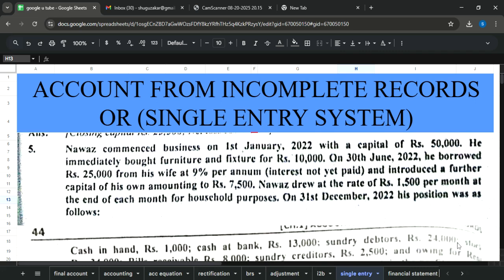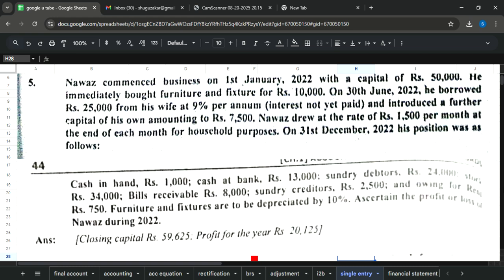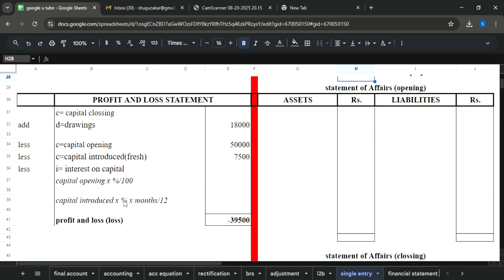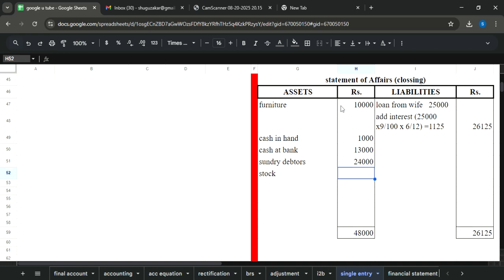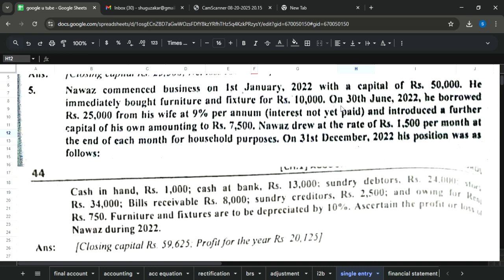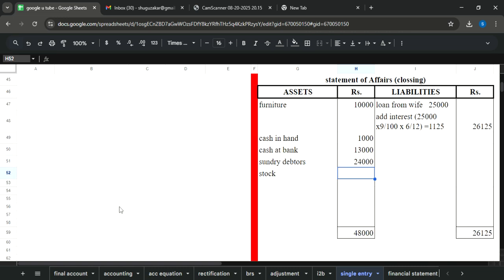The amount of stock over here is 34,000. So stock is your asset, it was your current asset. Put the amount in the closing asset side in front of stock.